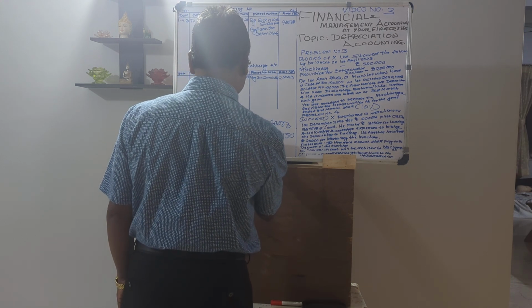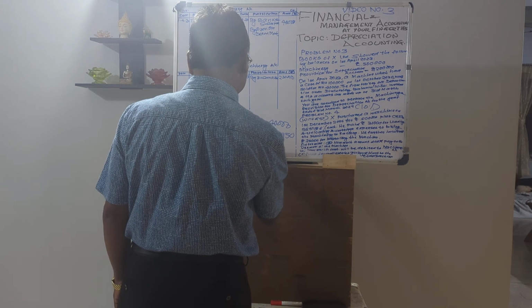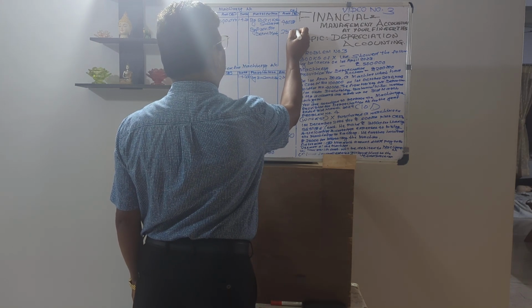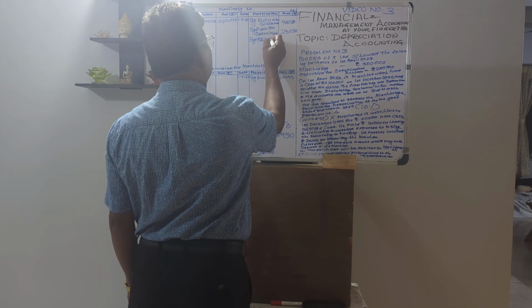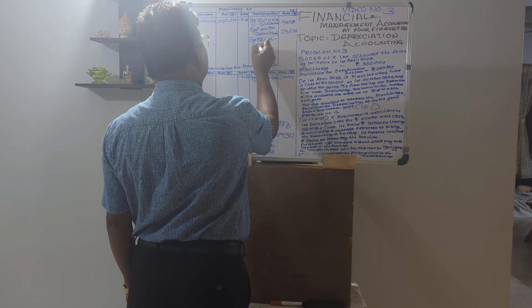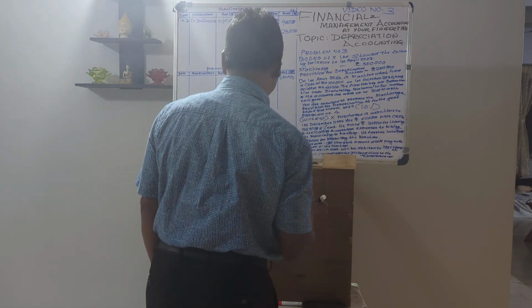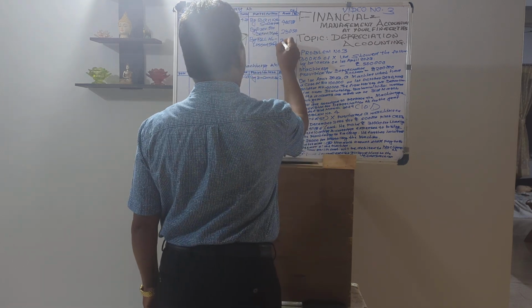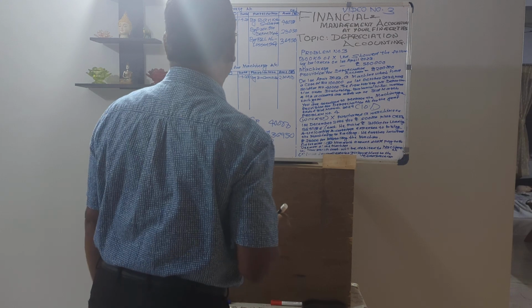The total comes to 14,500 plus 8,550, which is 23,050. Then by profit and loss account, that is the loss on sale of machinery, the amount is 36,950.